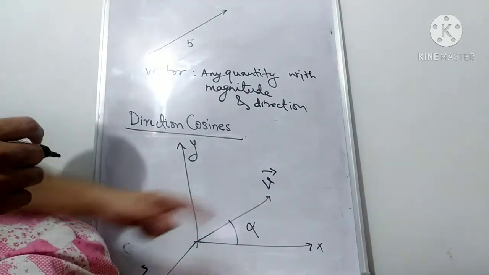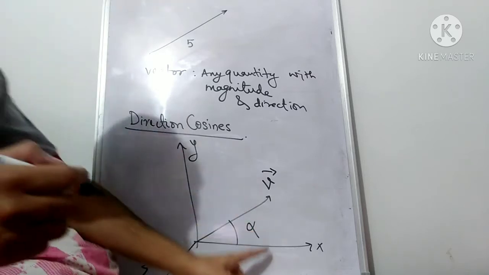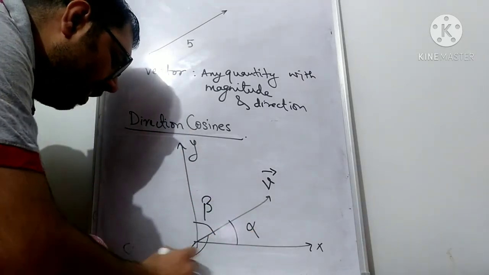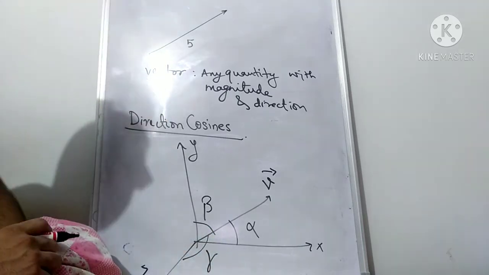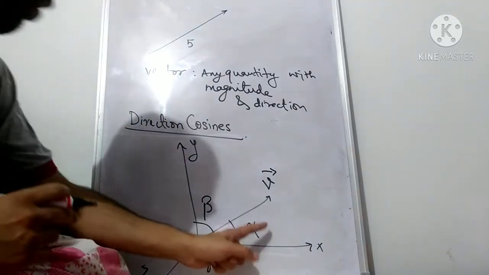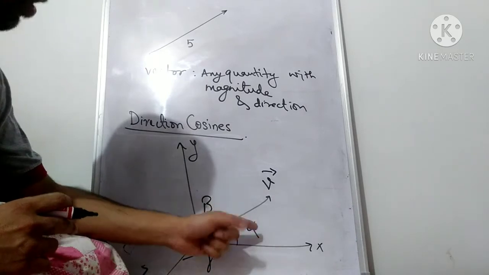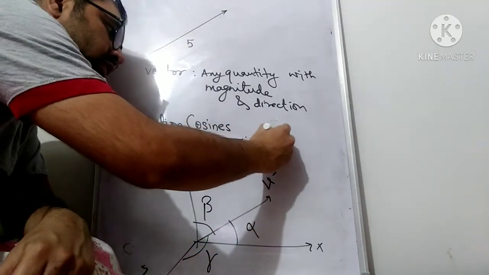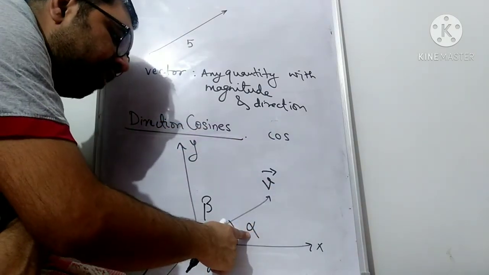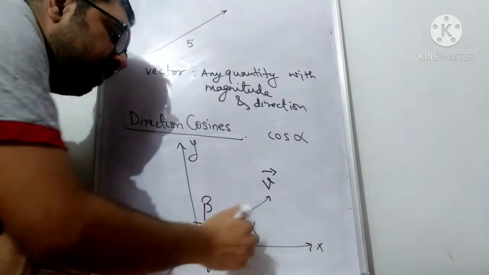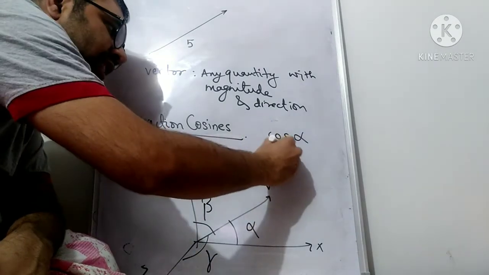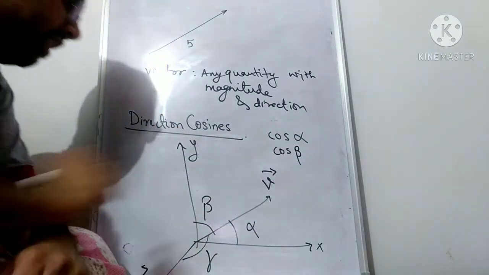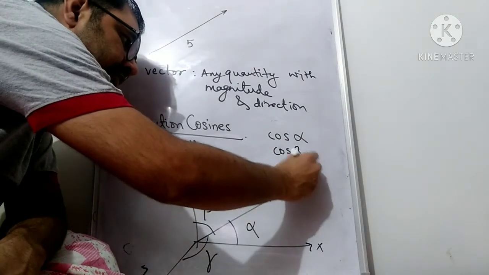This vector is making angle alpha with the x-axis, beta with the y-axis, and gamma with the z-axis. So we take the cosine of all the angles it makes with the respective axes. It makes angle alpha with the x-axis, so we take cos alpha. With the y-axis beta, so we take cos beta, and with the z-axis gamma, so we take cos gamma.